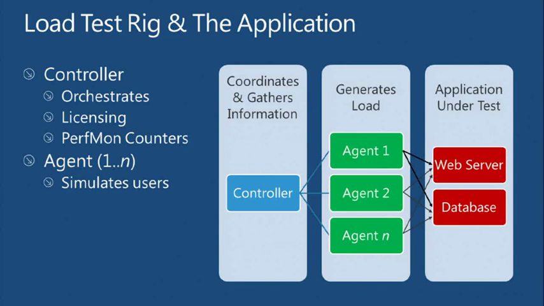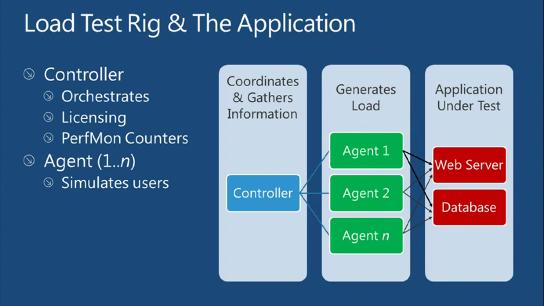All right. So a load test rig is made up of at least two pieces. Piece number one is called the load controller. Piece number two is the load test agent. So the controller, you're going to install that on some machine. I'm usually doing it on Windows Server. And what that's going to do is the controller orchestrates what's happening in the load test.